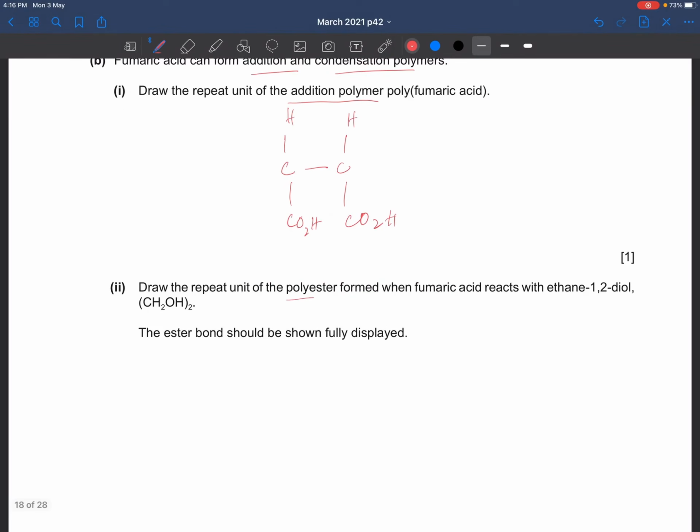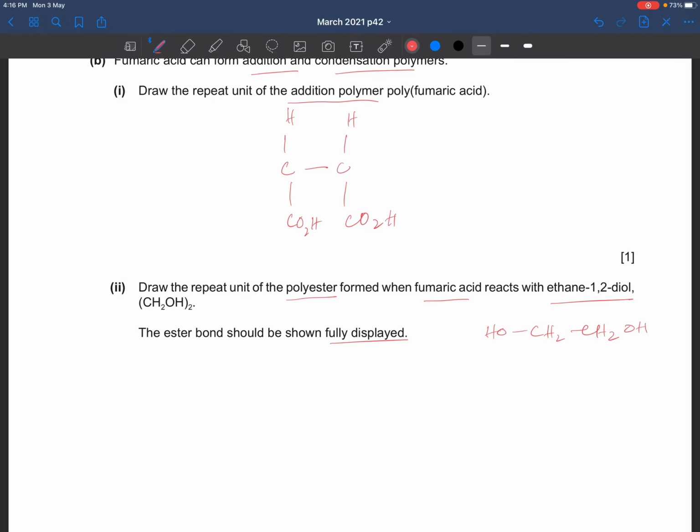Draw the repeat unit of the polyester formed when fumaric acid reacts with ethane-1,2-diol. Right, so we have CH2OH, CH2OH. This is ethane-1,2-diol. The ester bond should be shown fully displayed.